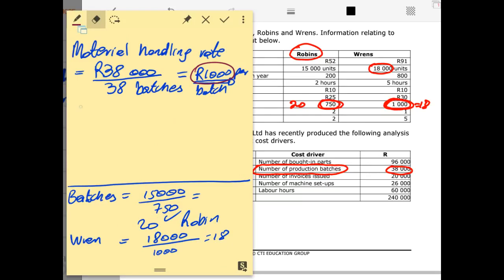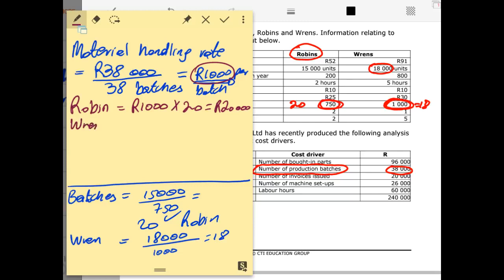So now let us do the allocation for the product Robin. We say 1000 times by 20, and that will give us 20,000. That must be allocated to product Robin out of the 38,000.